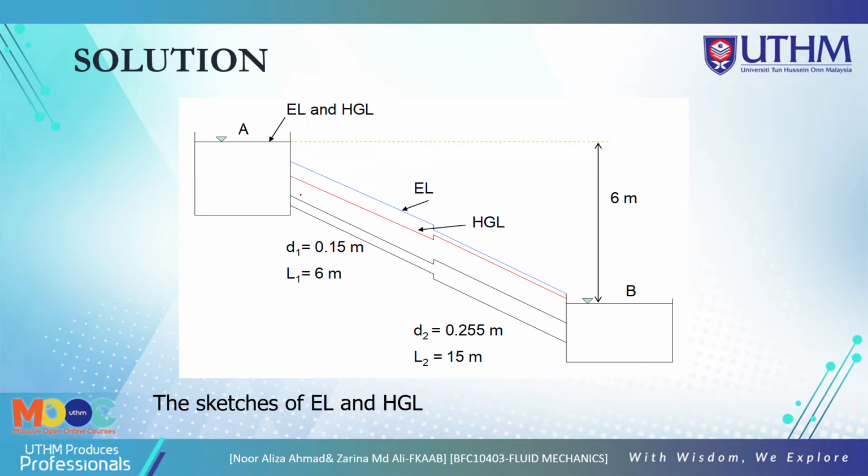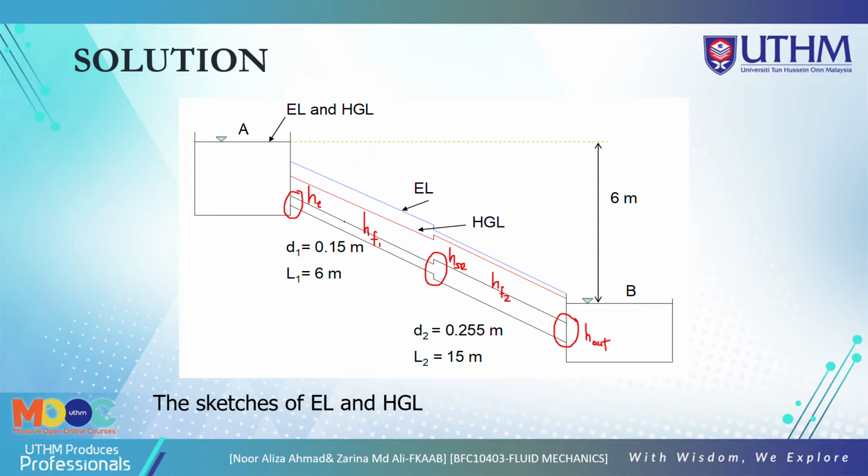So this is the entrance, this is the sudden enlargement, and this is the exit. Here is H entrance, H sudden enlargement (SE), then HF1 in pipe 1 and HF2 in pipe 2.